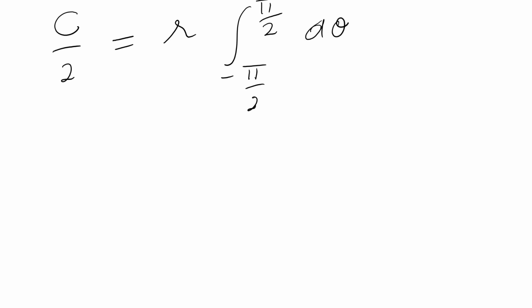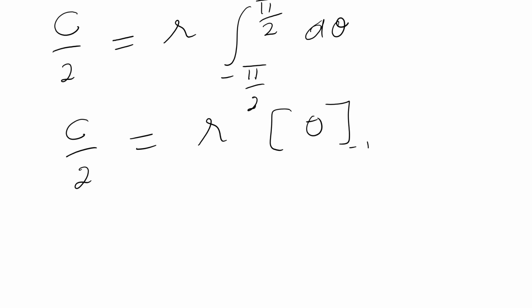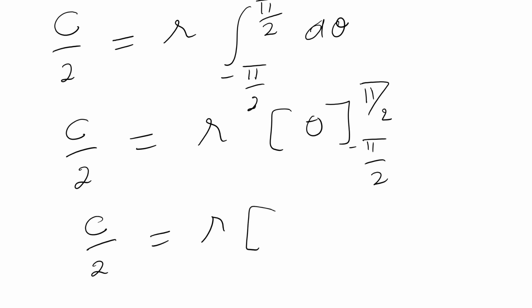So C over 2 will be r times the integral from negative pi over 2 to pi over 2 of d theta. So C over 2 is equal to r times theta from negative pi over 2 to pi over 2, which is r times (pi over 2 minus negative pi over 2).